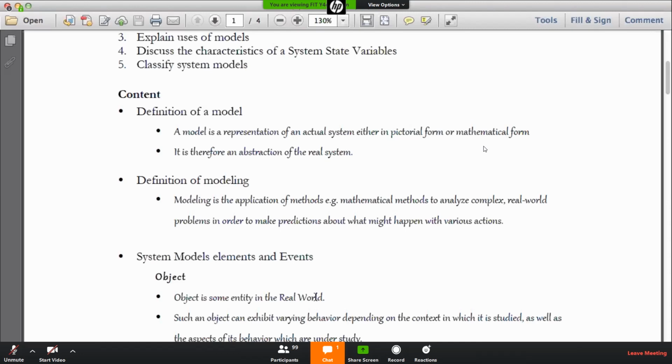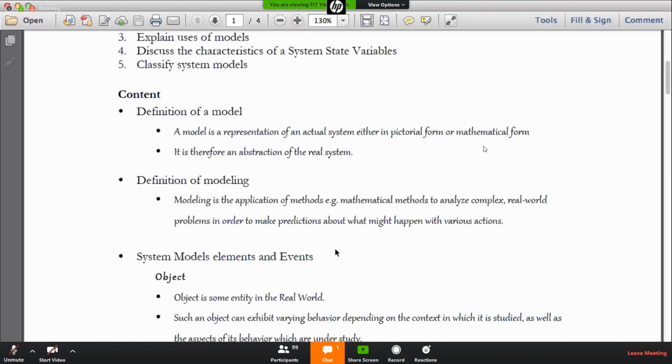Why should it become an object? It is because we can identify, we can relate it to the various characteristics that it has. So essentially, a model must have this that we are calling an object, and for an object we can identify its attributes.